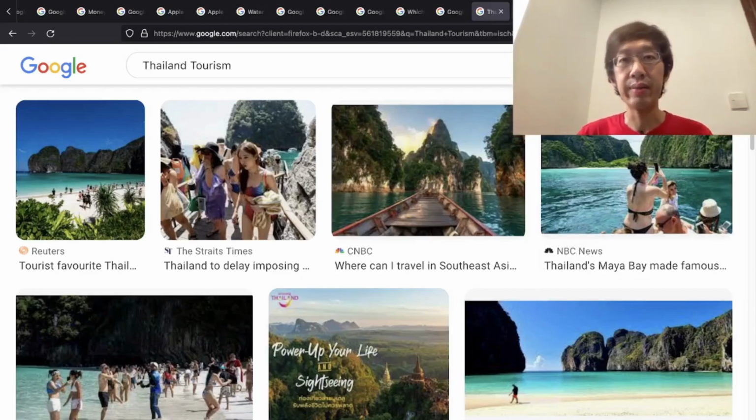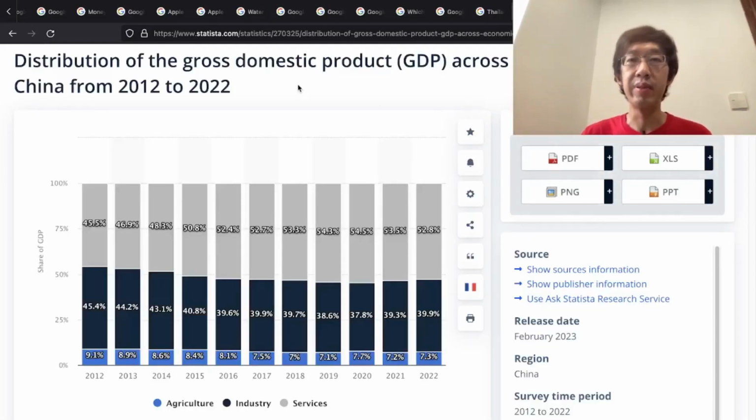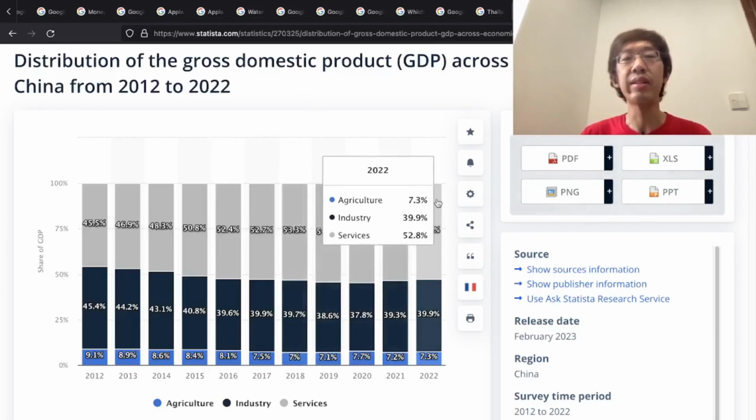Let's look at China. Most of the Chinese GDP came from services, 52.8% in 2022. Second, industry, 39.9%, which also includes manufacturing, and agriculture is only 7.3%.